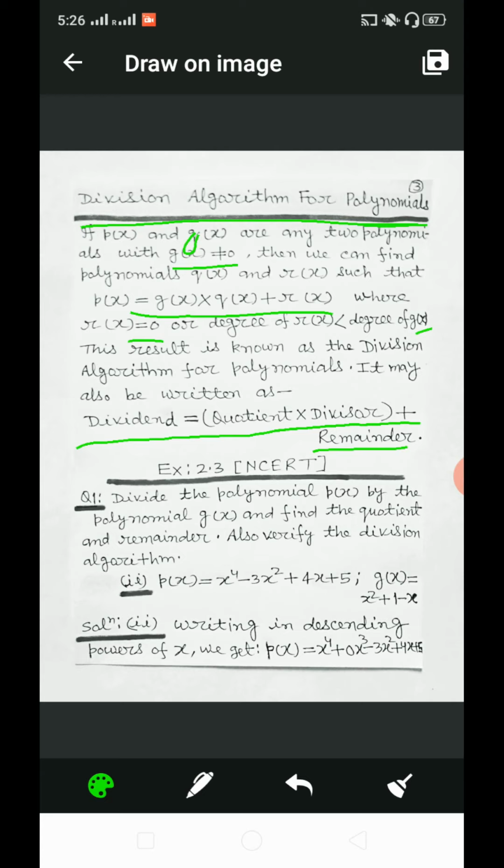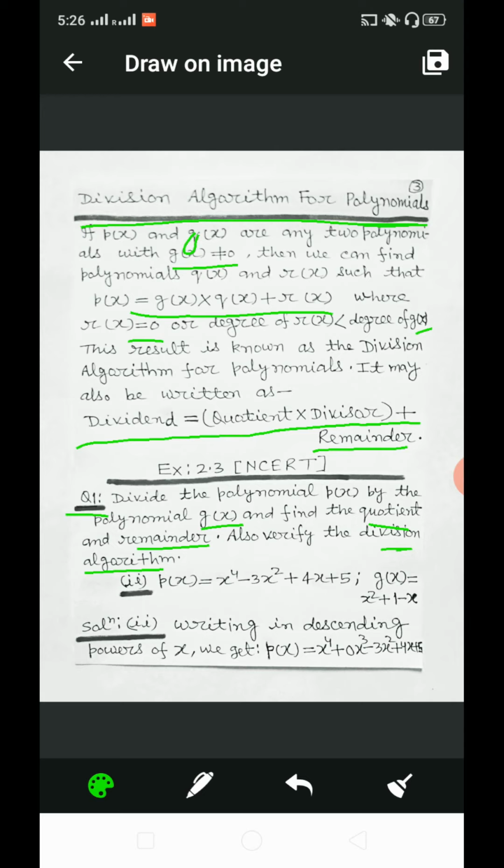Here solving exercise 2.3 from NCERT. Question number 1, divide the polynomial p(x) by the polynomial g(x) and find the quotient and remainder. Also verify the division algorithm. Dear students, here I add verify the division algorithm.